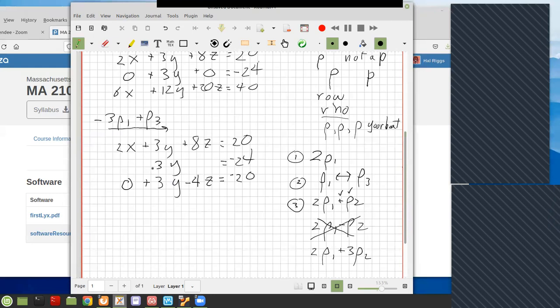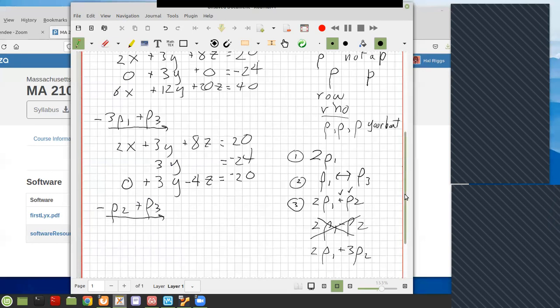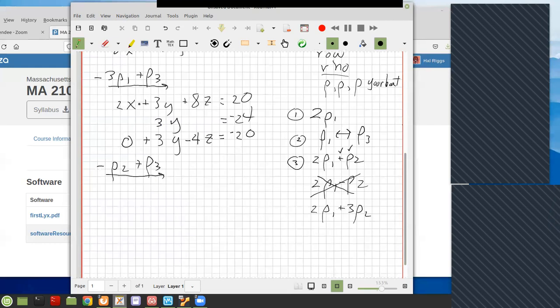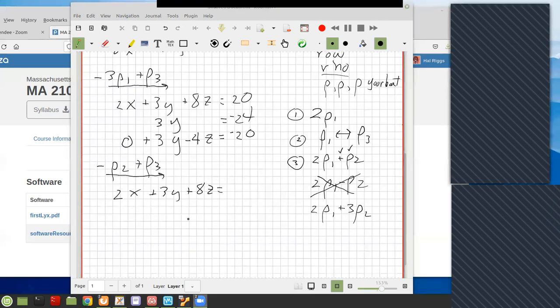So this is what we want for the first row in echelon form. Now, the problem is this is still not in echelon form as a system, because the leading term in the second row, 3y, has something underneath it. So we need to get rid of this term. We can do that with -row 2 plus row 3. We don't change the first or the second row.